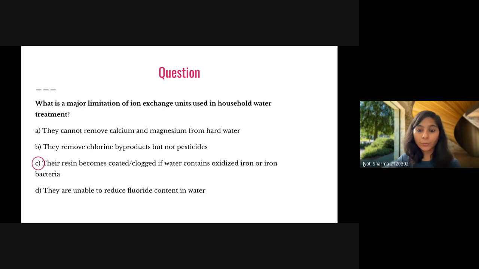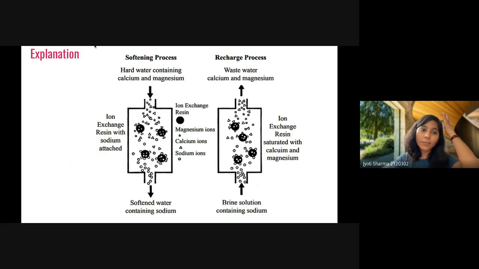Let me show you. So this is something like this. We are having some resins, that resin with, let's say, sodium attached. So what can happen? This sodium will be released, and in the place of sodium, calcium and magnesium ions will be attached.